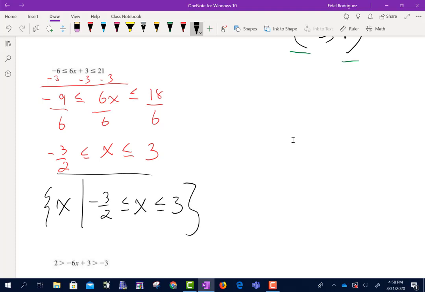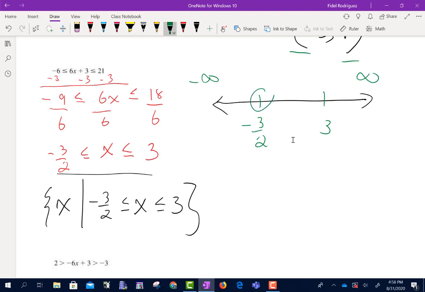Okay? So let's write our solution set. My solution set is x, and then I just remember copy and paste. Negative 3 halves less than or equal to x, less than or equal to 3. Okay? And I can draw my number line. Don't forget your negative infinity and your positive infinity. Okay, the two numbers we need to put are negative 3 halves and 3.